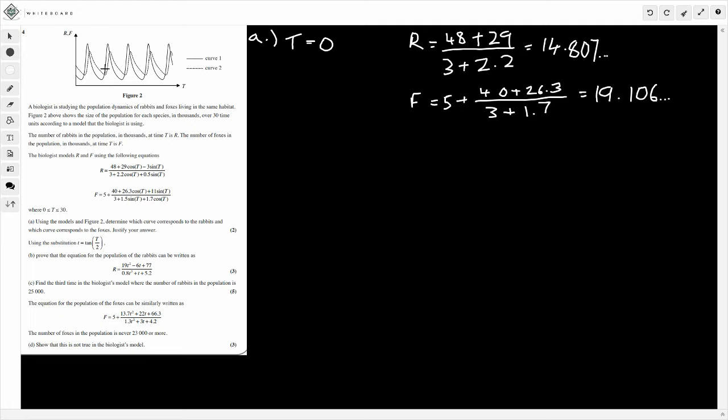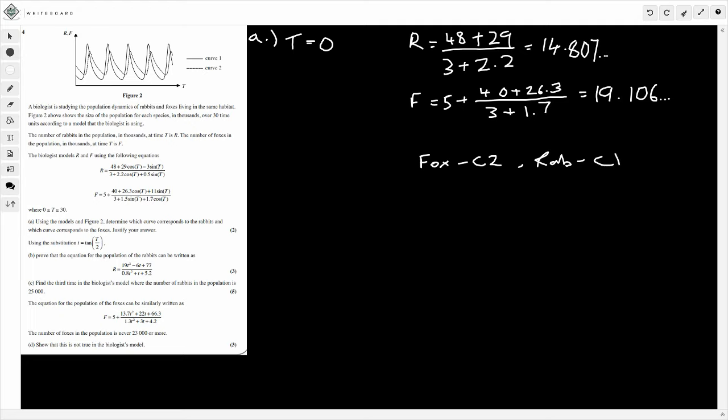So curve 2, the higher one, is the higher value, which is F. So it's foxes, so fox is curve 2, which we'll call C2, and the rabbit is C1, curve 1. So that's part A done, the first 2 marks.